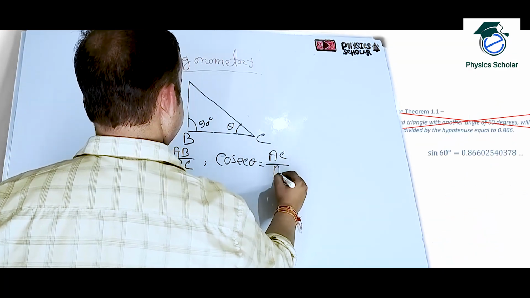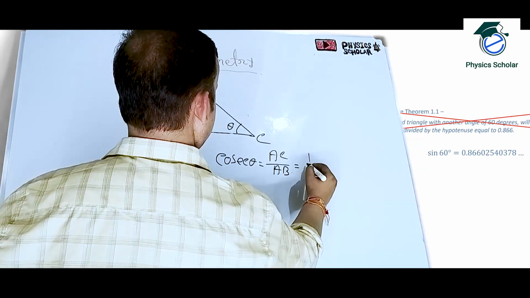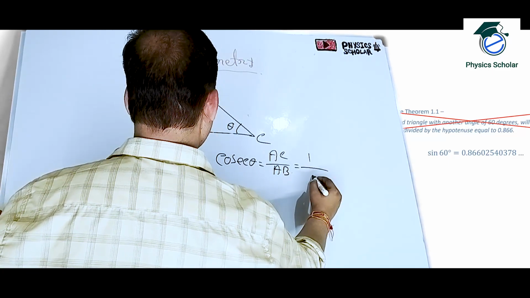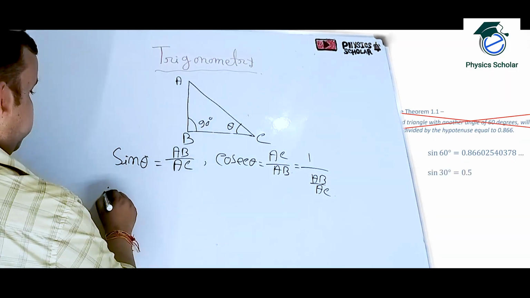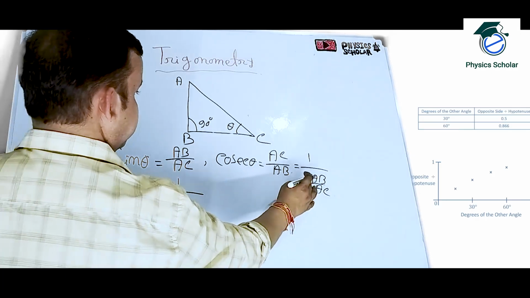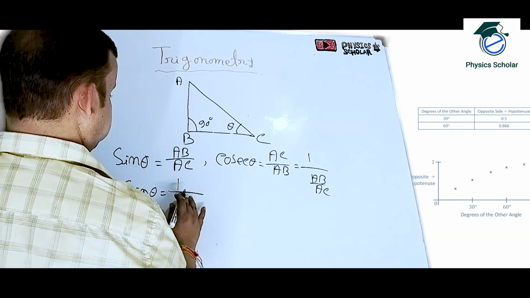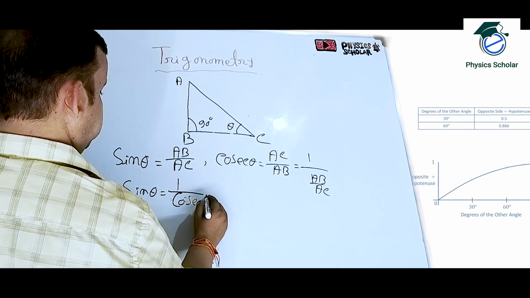So we can write 1 by AB by AC. That is why we can write sin theta is equal to 1 by cosec theta.